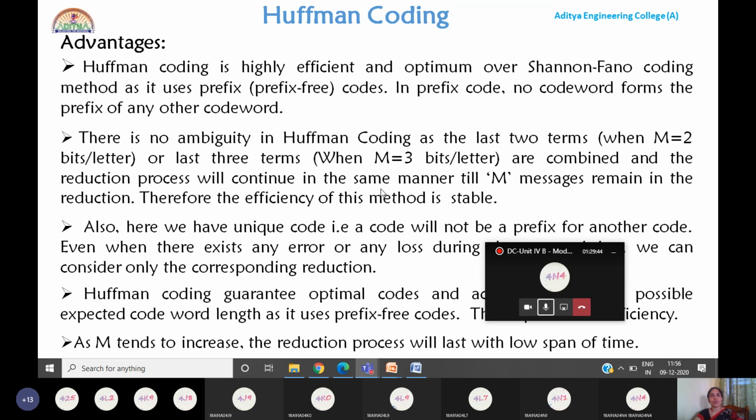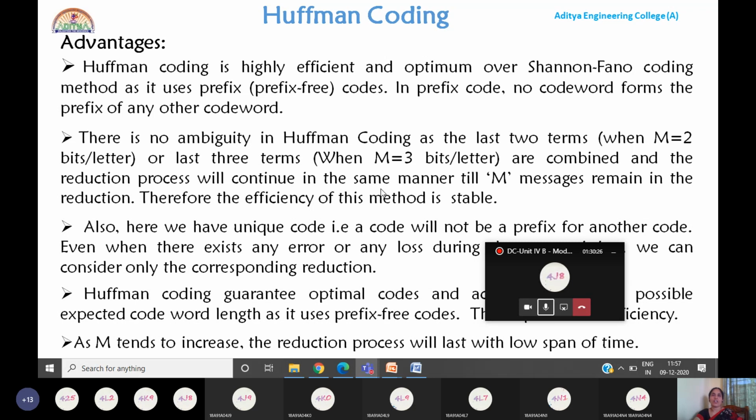So here in the Huffman coding method, we don't have any partitioning of sets into m number of subsets, as what we did in the Shannon Fano coding method. What we'll do here, we'll add the last m terms. For example, if m is 2, the last two terms will be added, and we'll assign 0 to the last but one term and 1 to the last term.